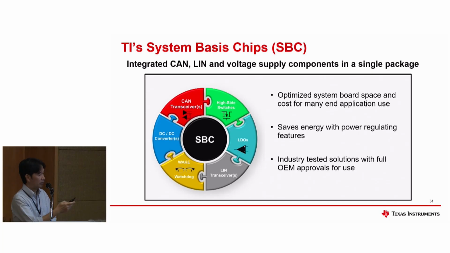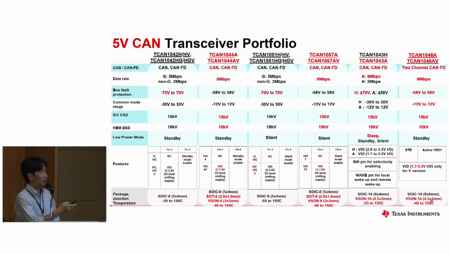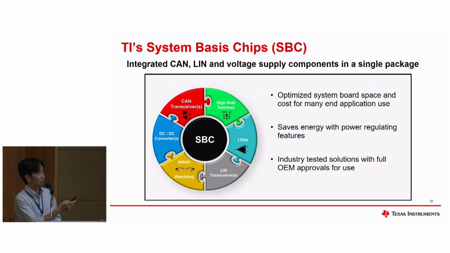Beside the transceiver, we have SBC. I think some of you might already know about the SBC, right? That is a device that supports multiple functions inside one single chip, but it has the CAN or LIN transceiver.